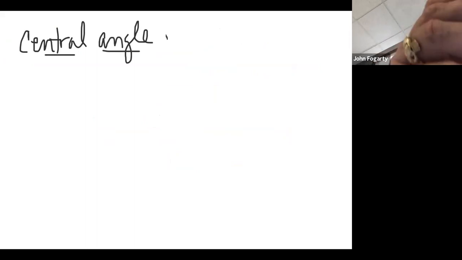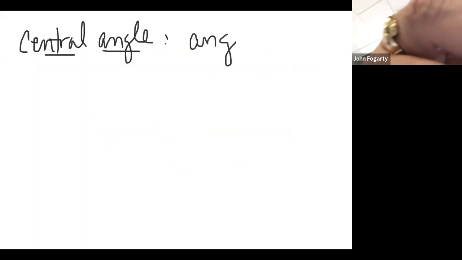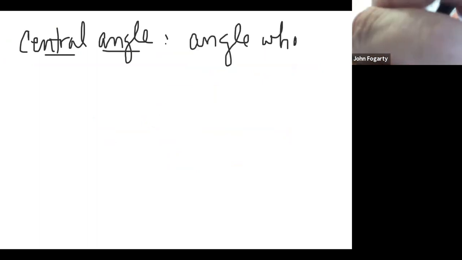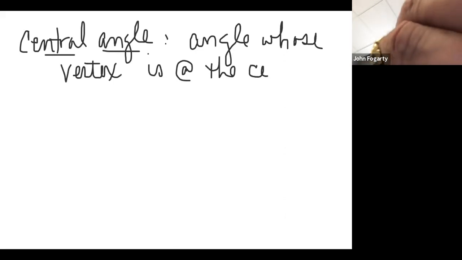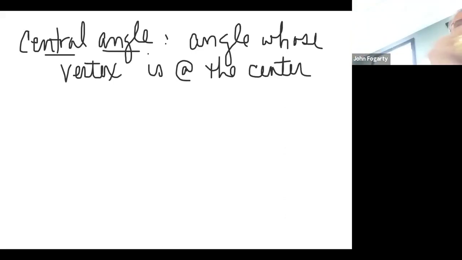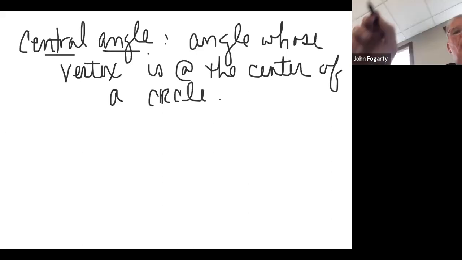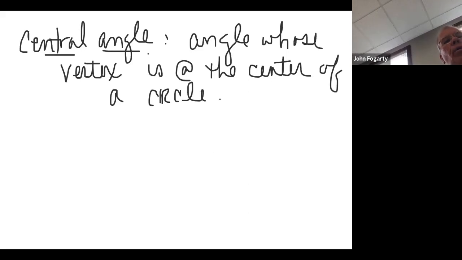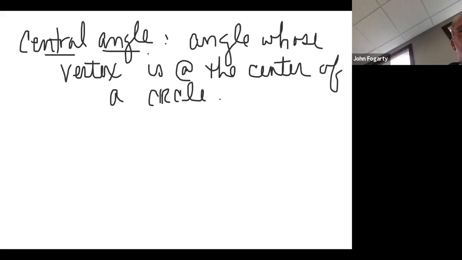A central angle is any angle whose vertex is at the center of a circle. So, for example, here is circle A.